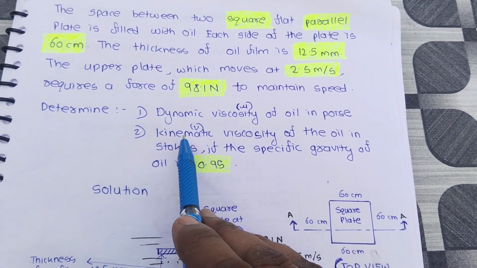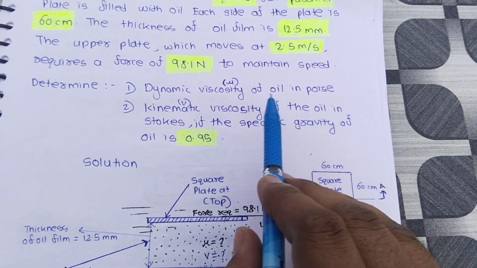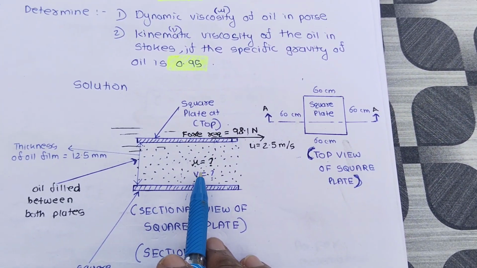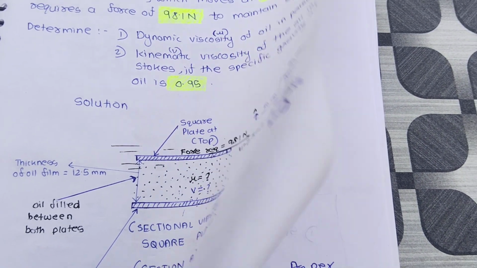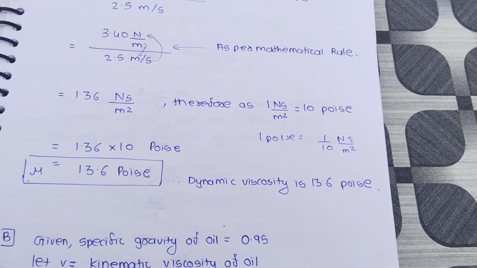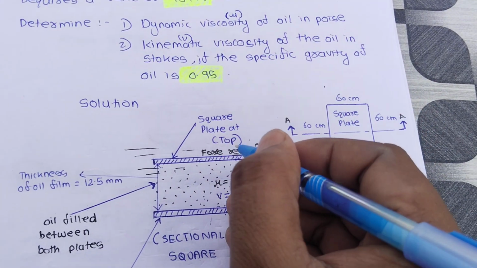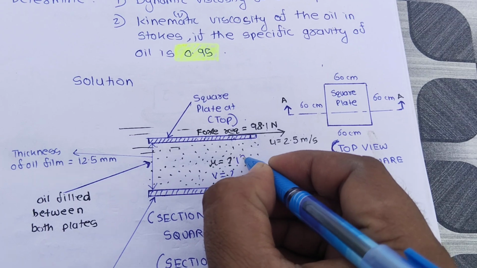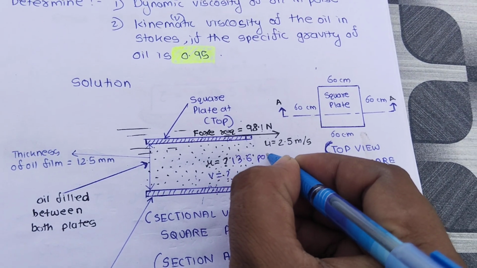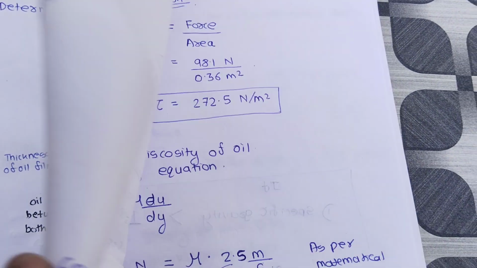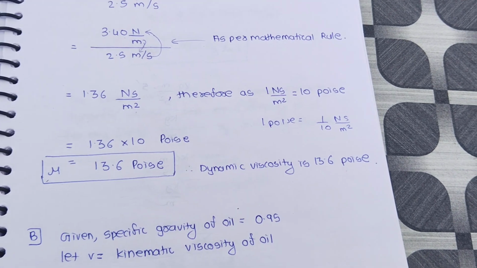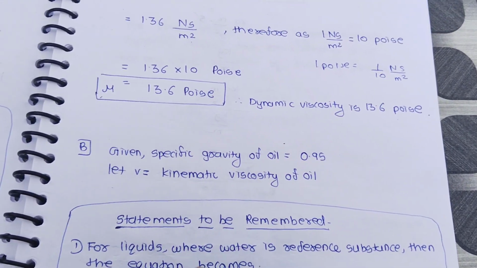Now second, we have to calculate the kinematic viscosity of oil in Stokes. So we have to find here nu, mu we have got 13.6 Poise. Now we have to find the kinematic viscosity.